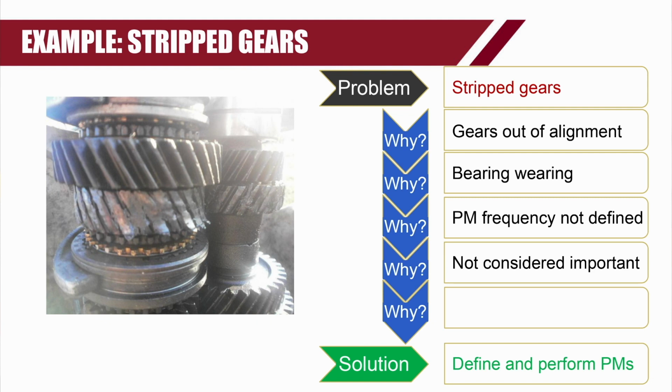Well, the preventive maintenance frequency had not been defined. So why was the PM frequency not defined? Well, it was considered that it was not important. At this point, we decide that there's no reason to ask why any further, and we determine our solution to be to define and perform our preventive maintenance. If we do this, it will prevent stripped gears in the future.